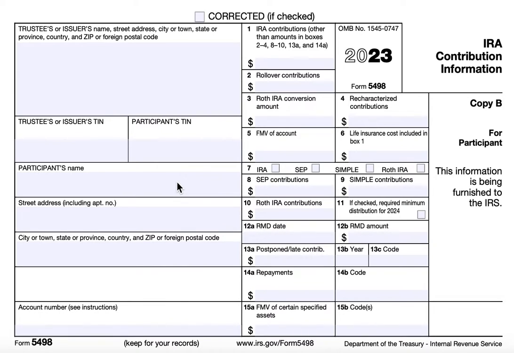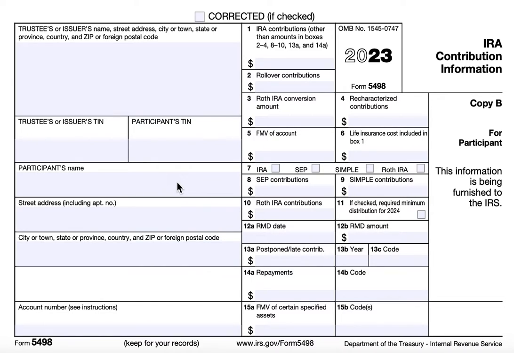If you made a distribution, then you would receive a 1099. Because you have to report your taxes based on withdrawals a lot of times, you'll receive the 1099 before the 5498. The 5498 is your informational record of when money goes into an account.